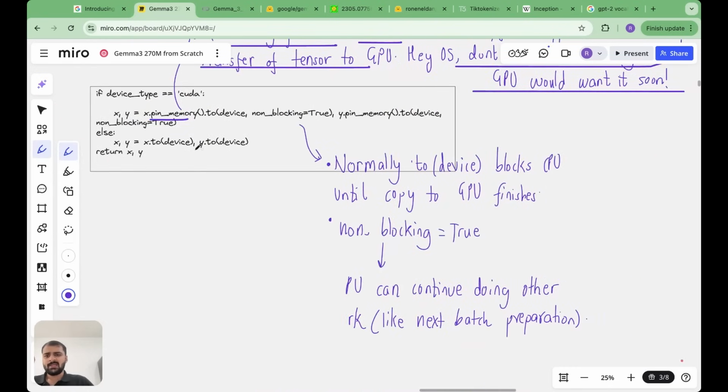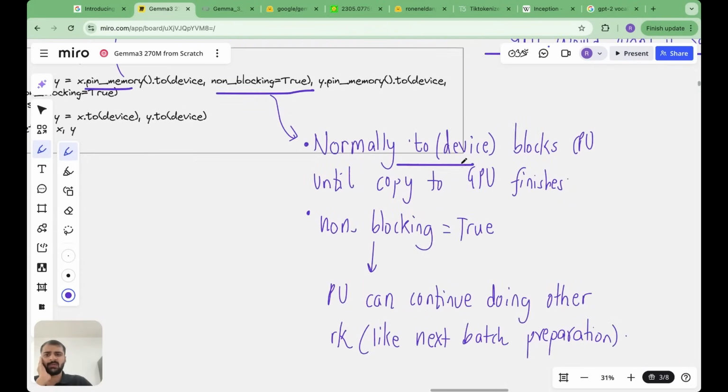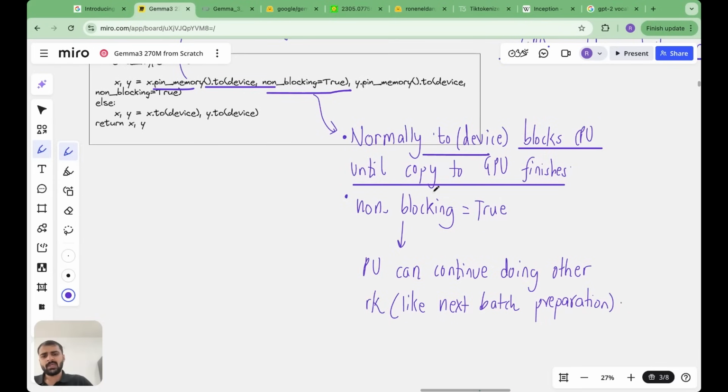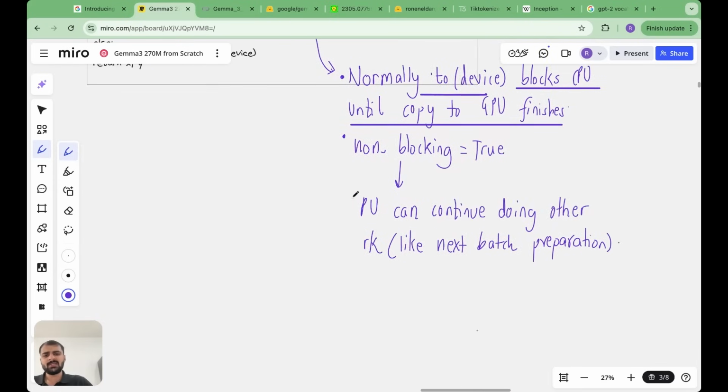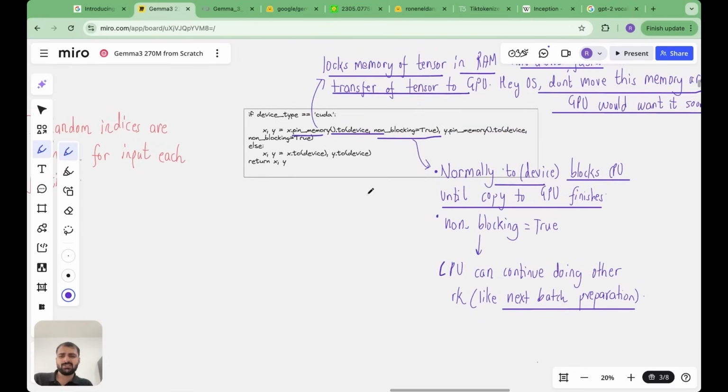Then we have also made non_blocking equal to true. Usually with this .to(device), it blocks the CPU until the copy to the GPU finishes. When we do non_blocking equal to true, it ensures that the CPU can continue to do other work like next batch preparation, etc. So all of these operations are just done to make sure that things happen in a much faster and smoother manner.